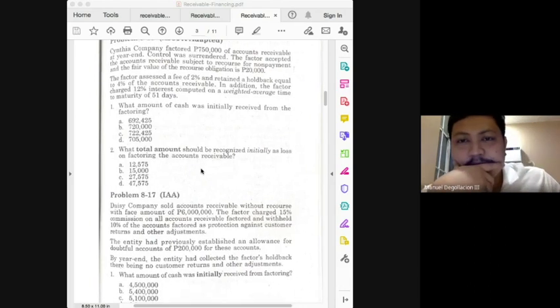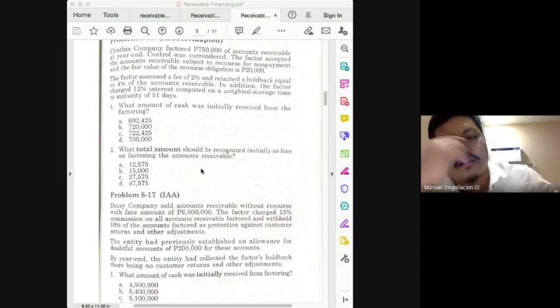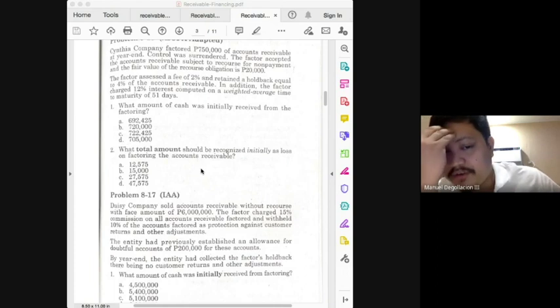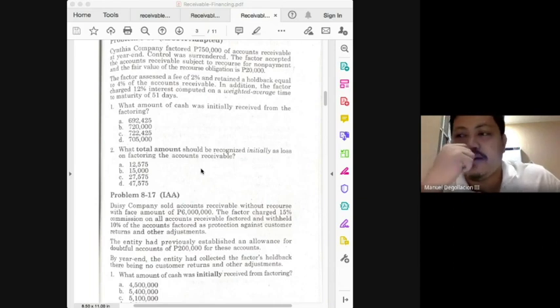Point of confusion here for students would be, as I have repeatedly mentioned, class, the inclusion of the holdback. Some students would think that the holdback will form part of the loss. The answer is no. Some other students would arrive at the wrong conclusion that the loss can be computed as the value of the receivables minus the cash proceeds.